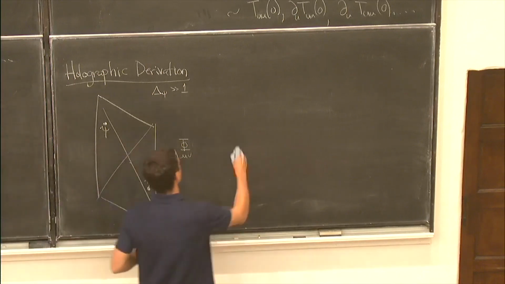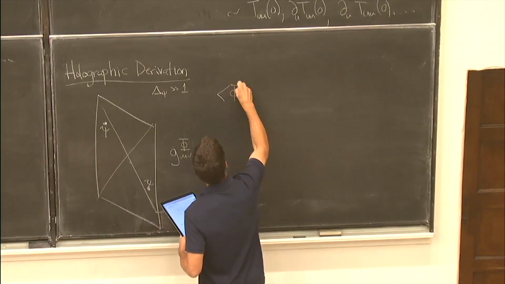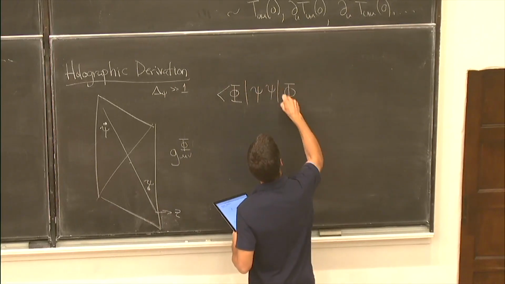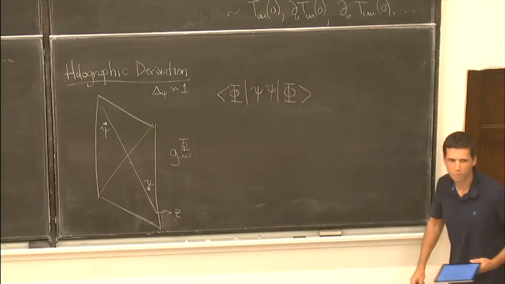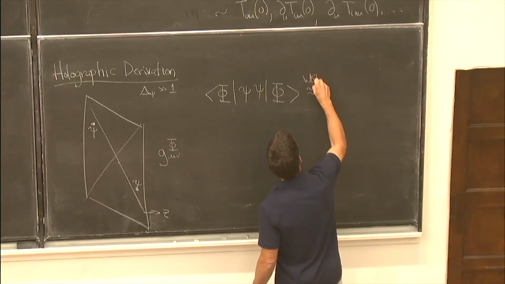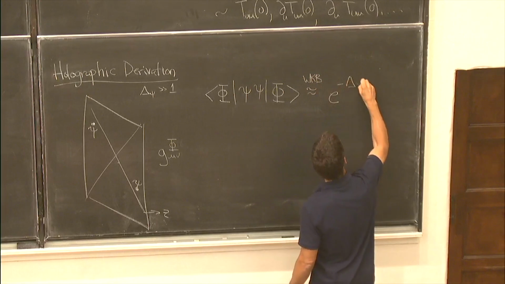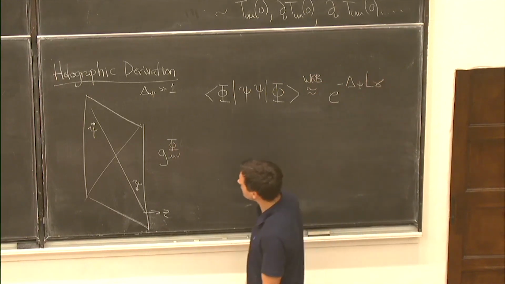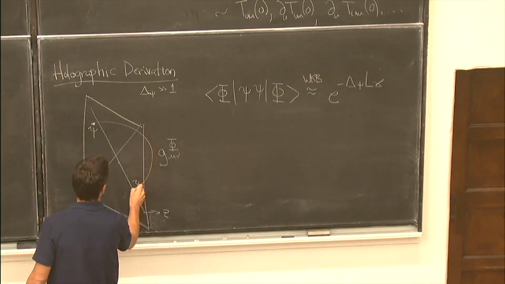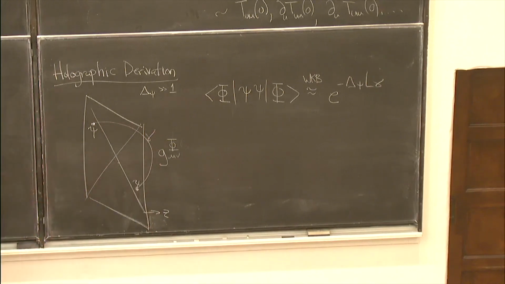Okay, so if we want to calculate the two-point function of psi in this state, and we want to do that calculation holographically, then we use WKB, and this is e to the minus delta psi times the length of a geodesic that ends on the boundary at these 2 points. That picture is supposed to show a space-like geodesic that goes into the bulk and ends on the insertions of psi.